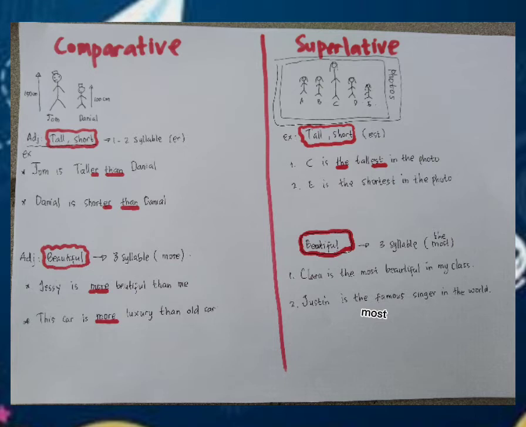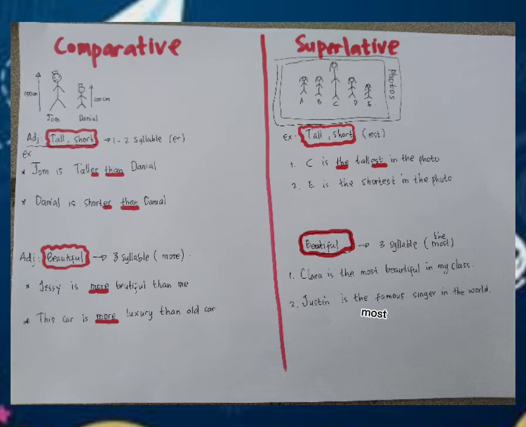Next, what about three syllables like beautiful? If you find a three-syllable adjective, you must put the most first before the adjective. For example, Clara is the most beautiful in my class. And the next example, Justin is the most famous singer in the world.